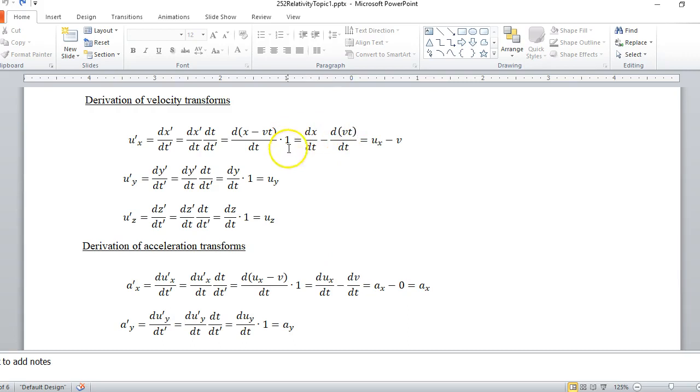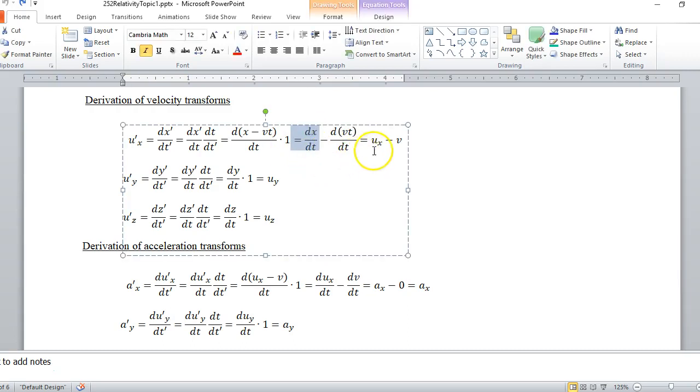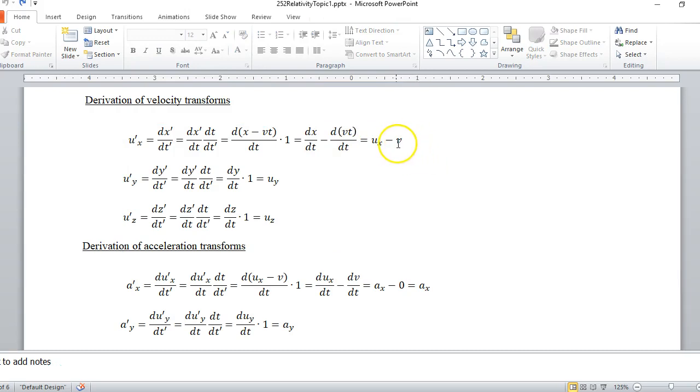dx/dt we recognize is the definition of the velocity x component measured in frame S, and then d(vt)/dt is just v. I should mention that we are assuming that the velocity between the observers is a constant.